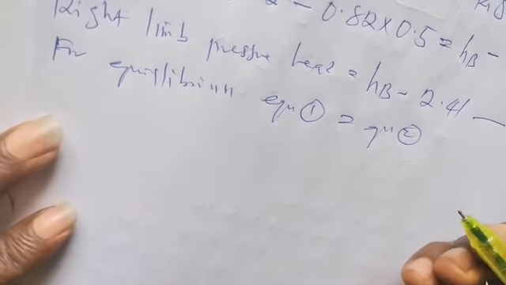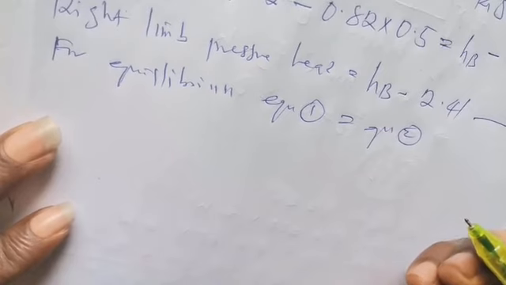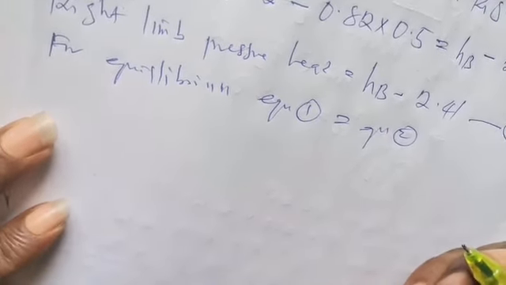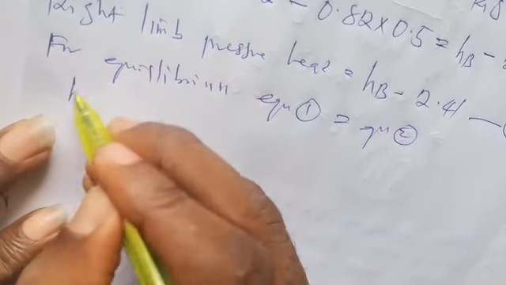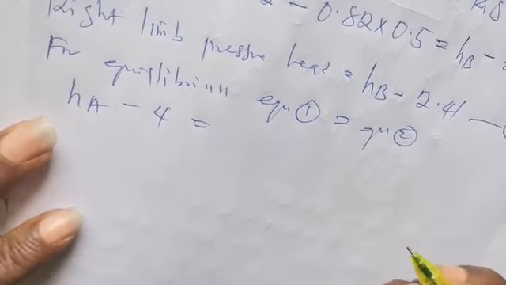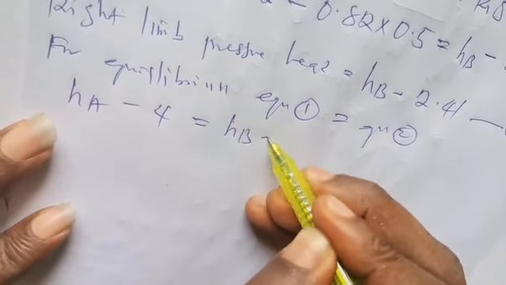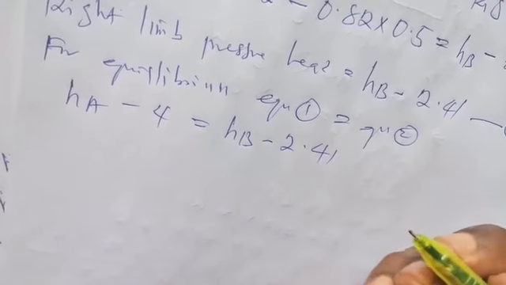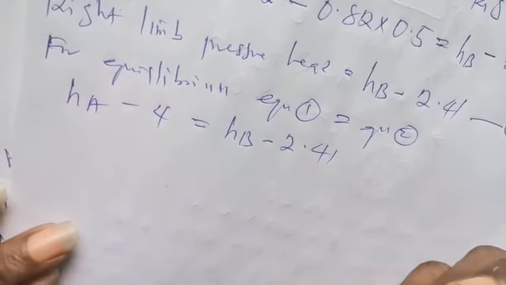This is simply saying the pressure head at the right limb equals the pressure head at the left limb. Equation 1 gave us HA minus 4, and that is equal to equation 2, which gave us HB minus 2.41. So we have these two pressure heads equal.